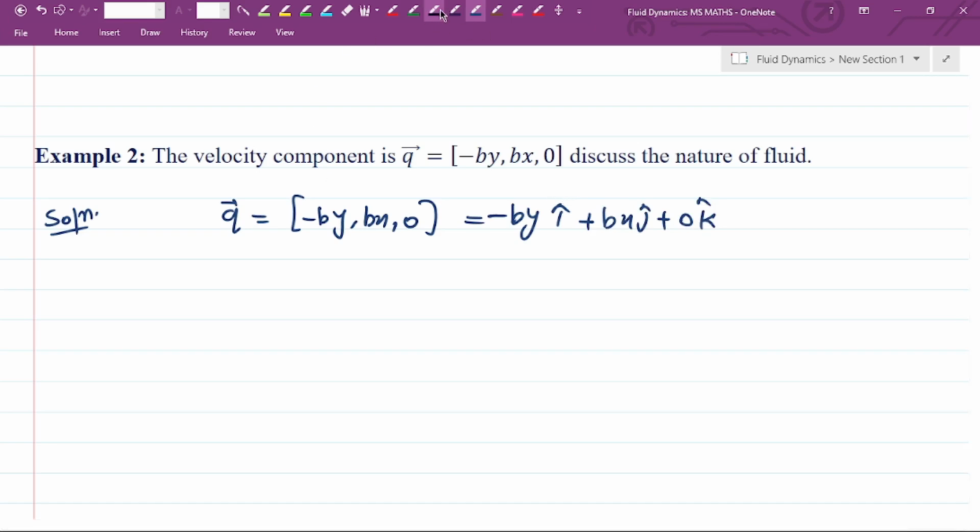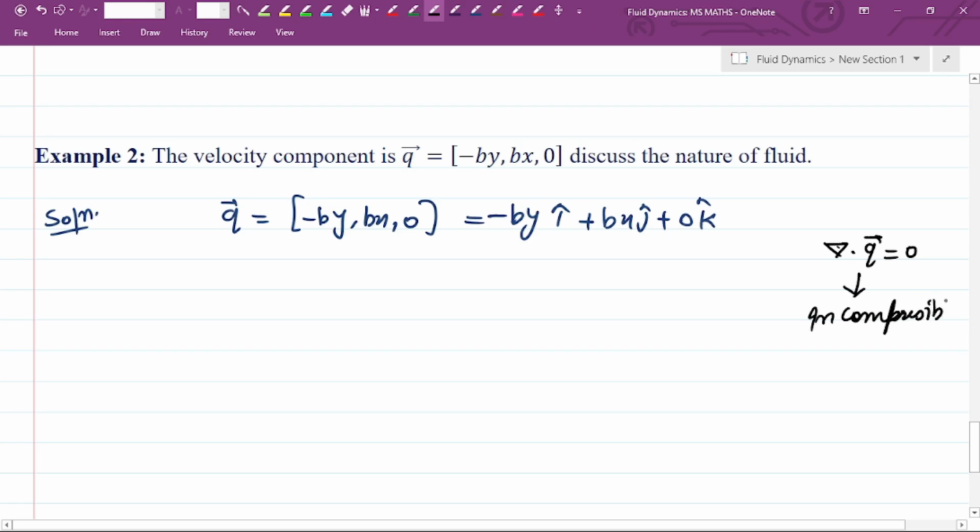Now whether it is solenoidal or incompressible depends on the divergence. If the divergence of q is 0, then it is incompressible, and if the curl is equal to 0, it means it is irrotational.